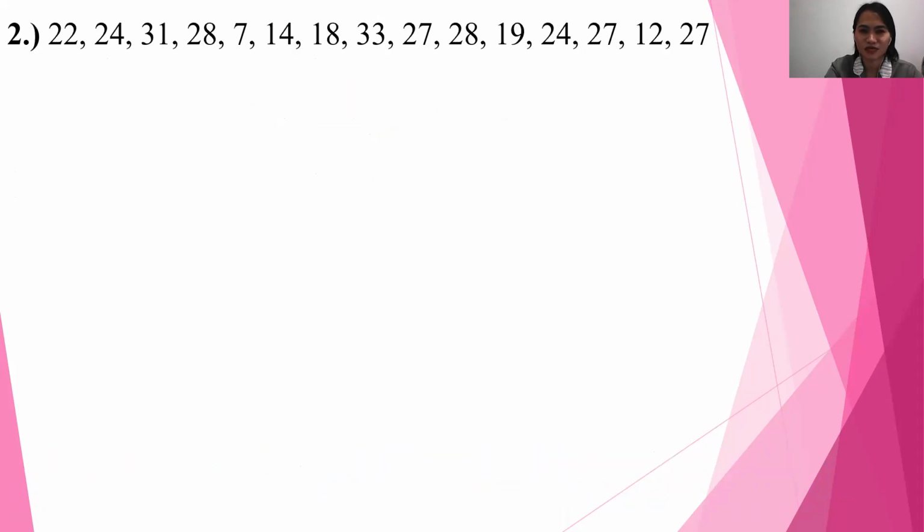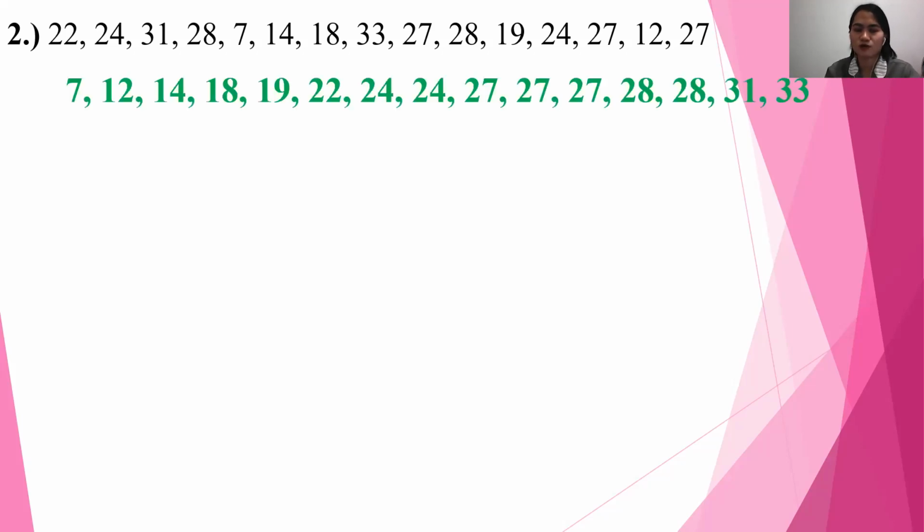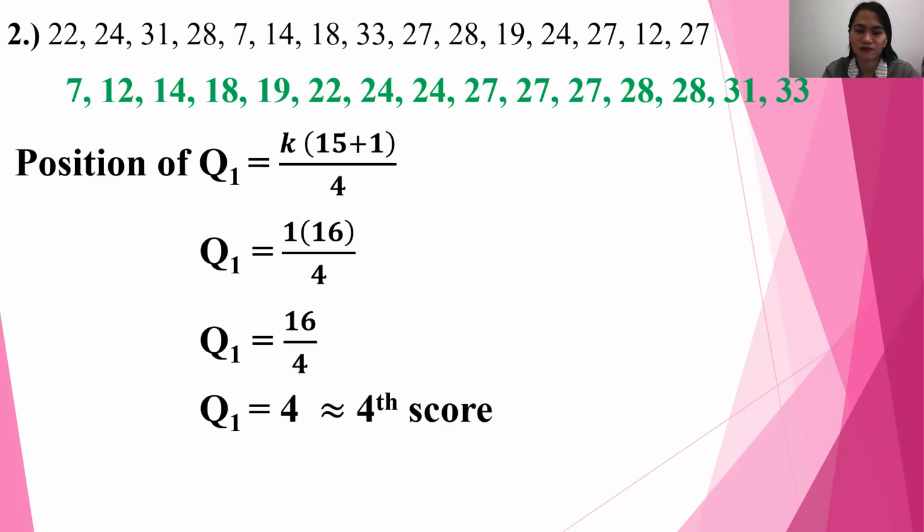Next, proceed to number 2. What is the total number of distribution? Okay, n is equal to 15. First, we're going to arrange the data distribution from least to greatest, and then we will find the first quartile. The value of k is 1, the value of n is 15.